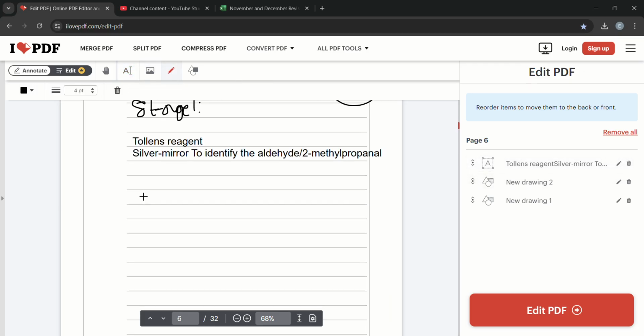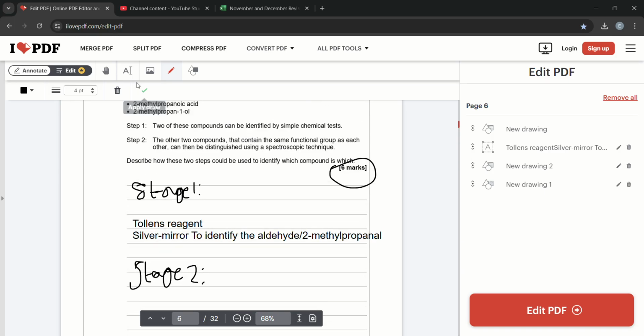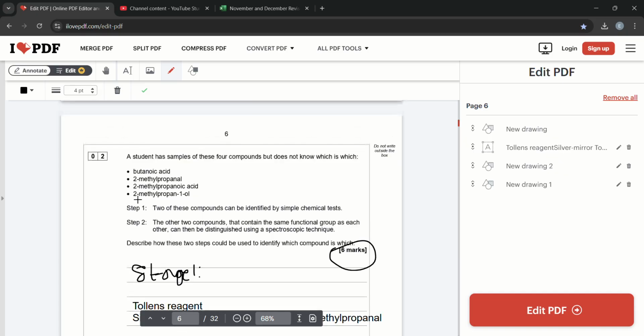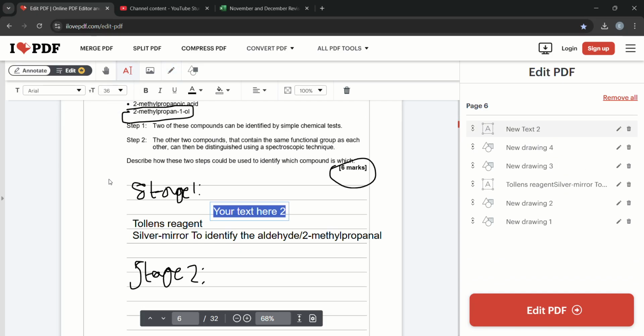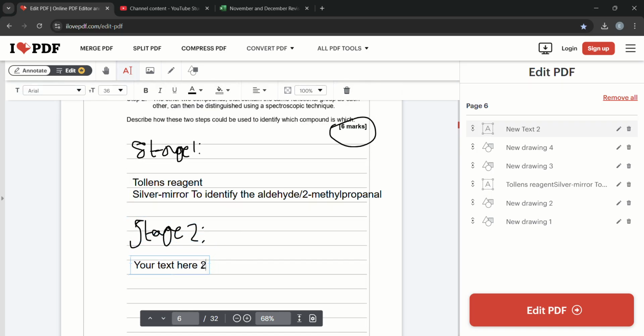Stage 2. Well, we also have 2-methylpropanol. That is an alcohol. It definitely is an alcohol. So we can use acidified potassium dichromate, a classic test.